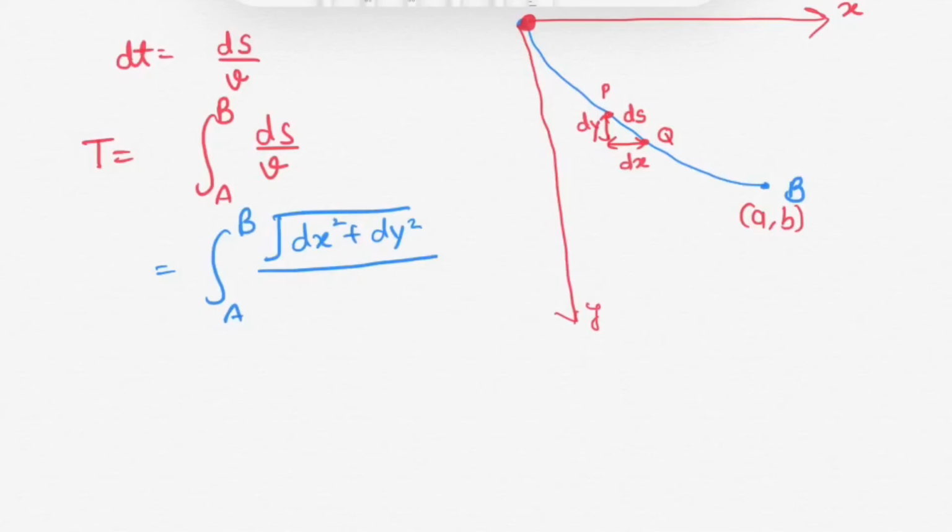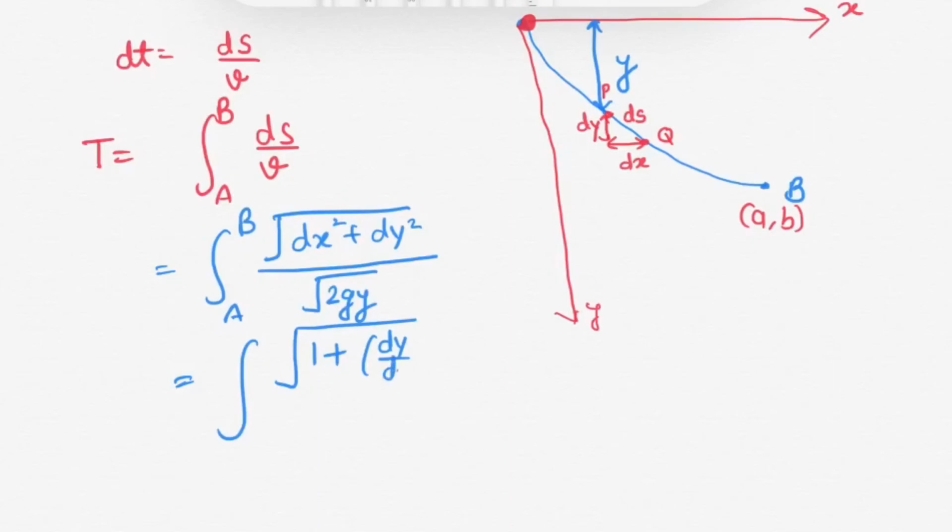You know that if a particle is falling under gravity, then the velocity will be the square root of 2gy. Here y is this distance. Now taking dx square outside this square root, we have the integration of the square root of 1 plus dy over dx whole square, and dx over the square root of 2gy.